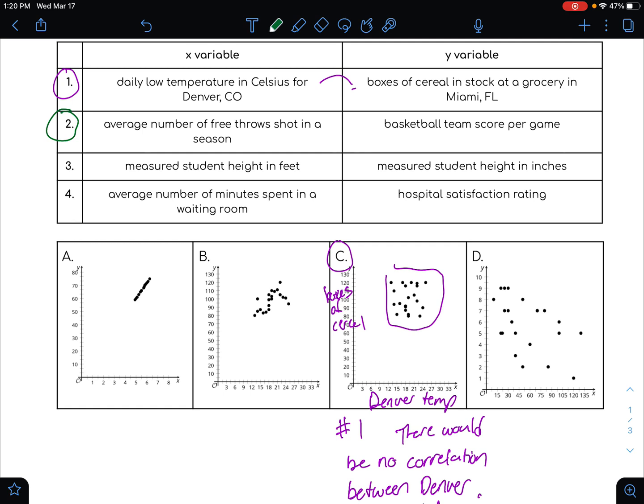So you could get 3-pointers and 2-pointers and then also free throws. So it's not like one automatically affects the other, but it seems like there could be a positive correlation. Seems to me that's probably going to be B here, in which we have one going up as the other one is also going up, but it's not in perfect relationship. It's not perfectly correlated to each other.